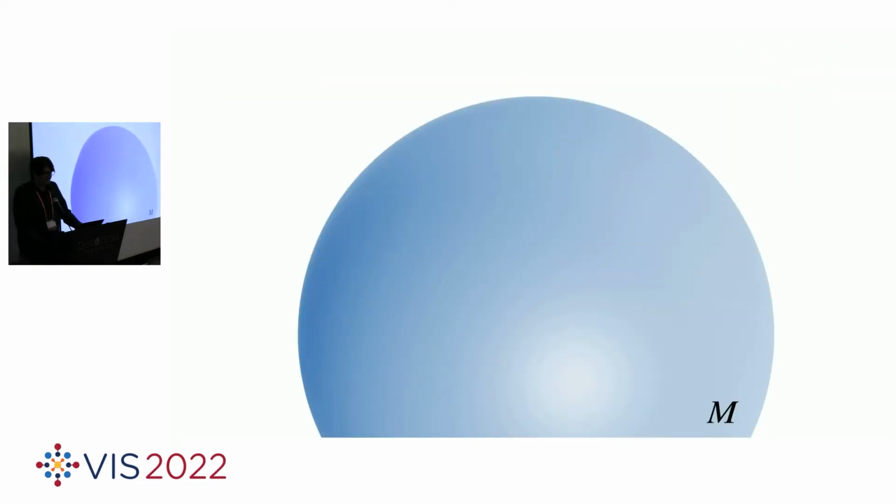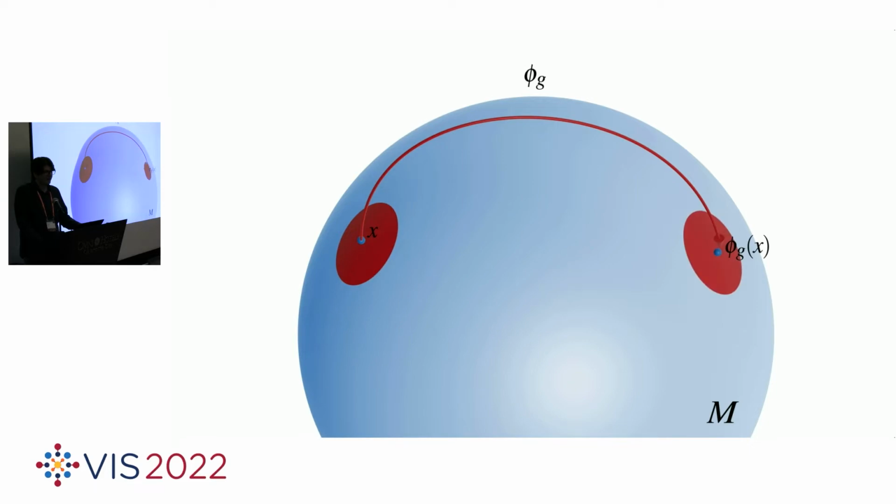So here is an illustration of this. We have a point, and we also have to consider the region around the point, because diffeomorphisms are mappings in differentiable ways. And this map, phi g, maps to a new point. There's really nothing special to this, but this diffeomorphism works on the whole manifold. So all the points are being mapped to points on the manifold.